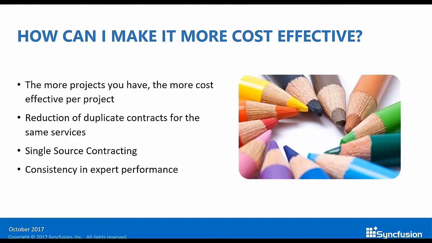When you look at the Syncfusion license and everything that is included in it, so many folks that work with us say, I did not know that was included. We have that same product, that same tool, and we're using company X to get it. This is costly for your company. So single source contracting is really important and very beneficial.